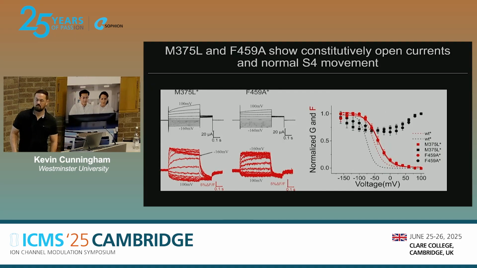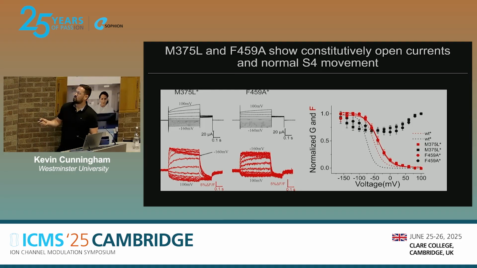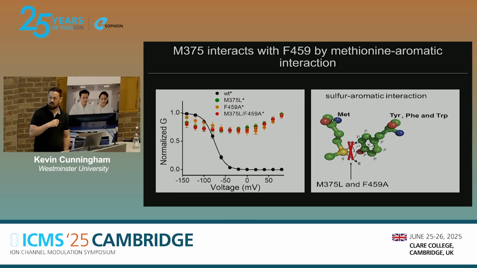So we looked at those two interacting residues in the SpHCN model, and what we found was whilst the current was always open across the voltages, the S4 moved similarly to the wild type channel, but with a slight shift, but nothing to worry about. So we put this down to what we incorporated, that we think that this sulfur aromatic interaction is absolutely crucial to the closing of HCN channels.